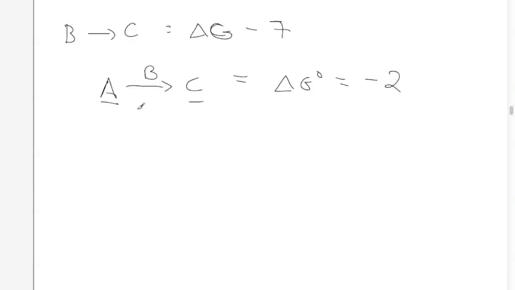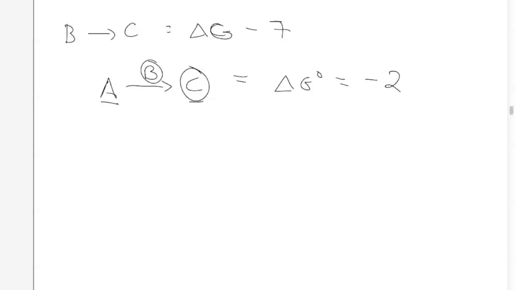Unfortunately, we end up with C. Well, what if we actually wanted the molecule B? We still have a problem where we can't get this molecule made because it's an endergonic reaction.